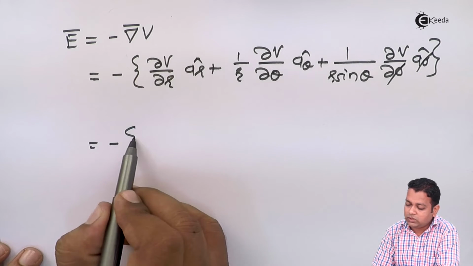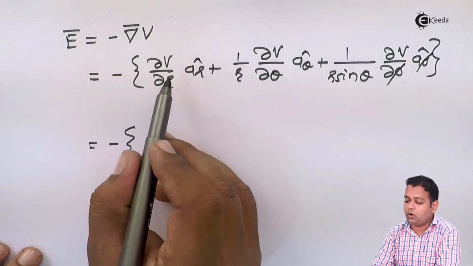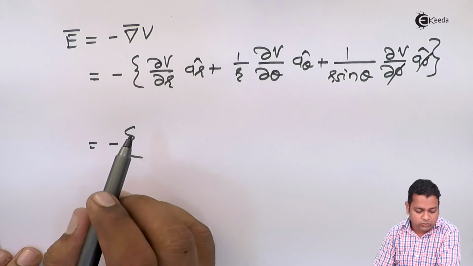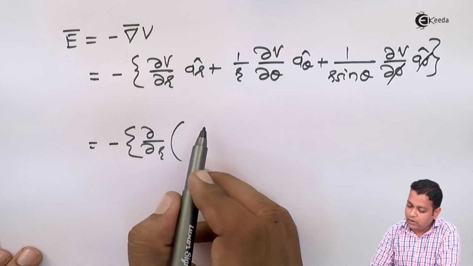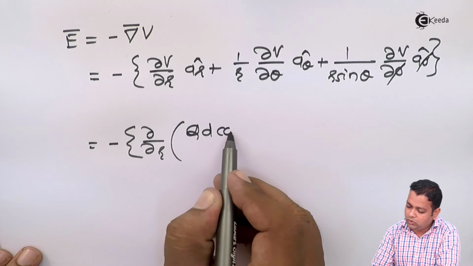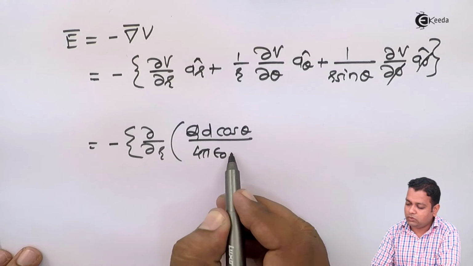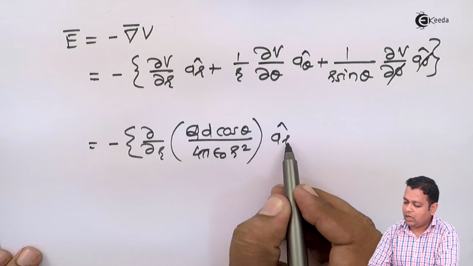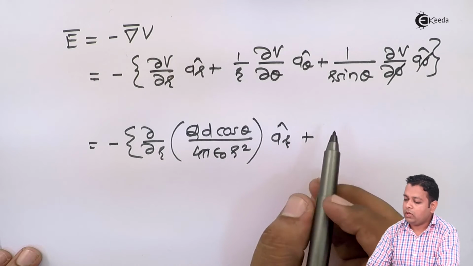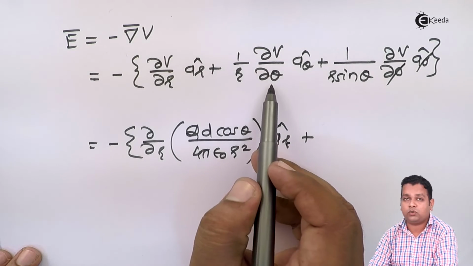So minus outside the bracket, and for the first term we have the partial differentiation of V with respect to R. So we shall be writing del R in again bracket Q into d cos theta upon 4 pi epsilon 0 R square, bracket complete, AR cap. So this will be the first term. For the second term we have 1 by R and partial differentiation of V with respect to theta.